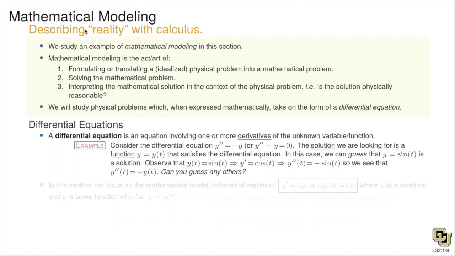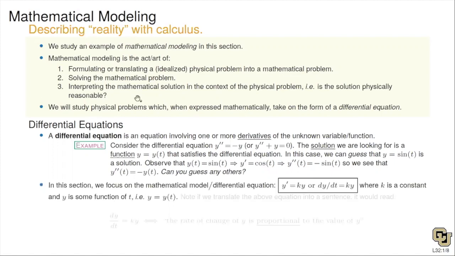So now, in this particular section, we're only going to focus on one differential equation. We're only going to look at y prime equals ky. I also rewrote it in Leibniz notation, dy/dt, that's the same as y prime, equals ky. This is the only equation or model.